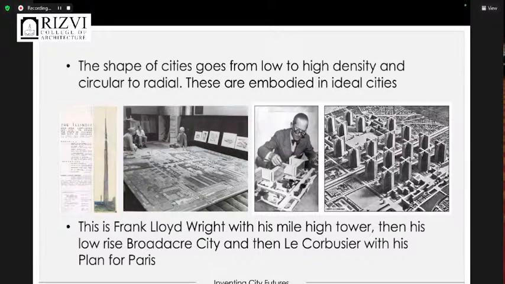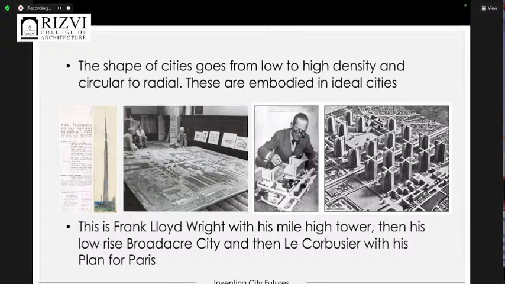So you see immediately a very high-rise city on the left, which is very similar to his mile-high tower. It's very similar to the Burj Khalifa, I think, the big tall tower in Dubai, which is up to almost a kilometre high. And then you can see the low-density sprawl.